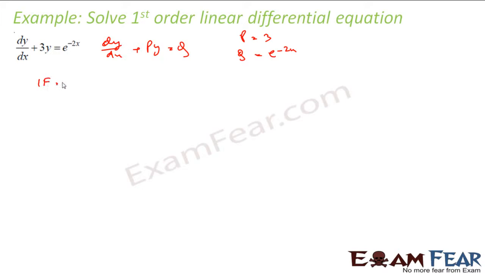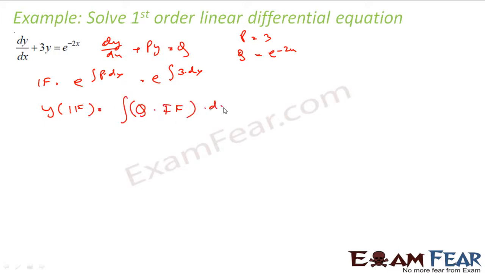IF is nothing but e to the power integration of p dx, that is e to the power integration of 3 dx. Correct? This is what you got as IF. Now my solution is y into IF is integration of q into IF, the whole thing dx plus c.